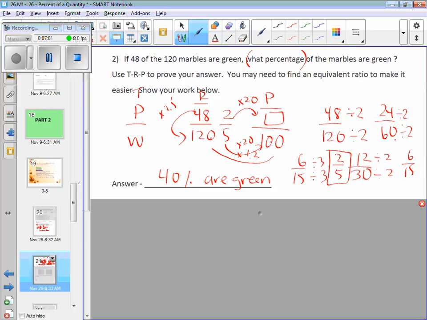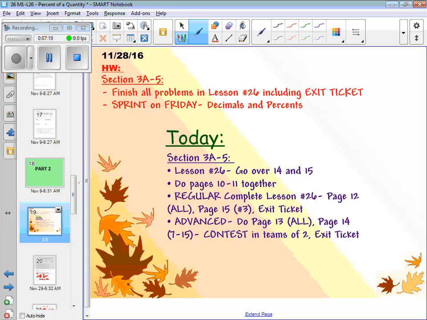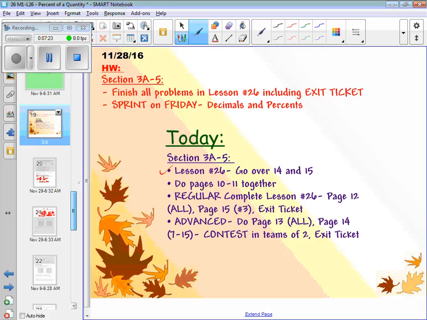Christian, how was that for you? Manageable? All right. Good. All right, going to teach you something new. Let me go back to my plan. I forgot. I think it's page 11. Page 10.